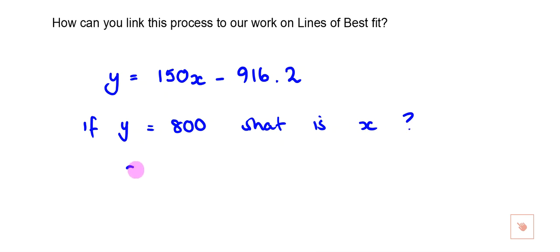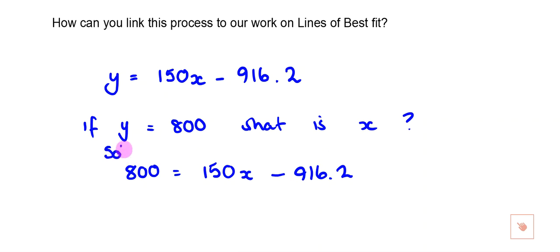Because we divide. Wait. Because we've got 800 equals 150x minus 916.2. Okay. And what did I say we needed to do at this point, Zach? Add 960. No, just solve for x.